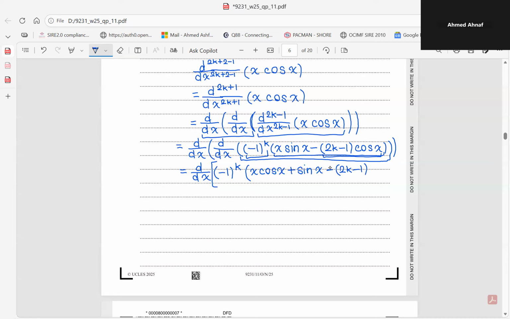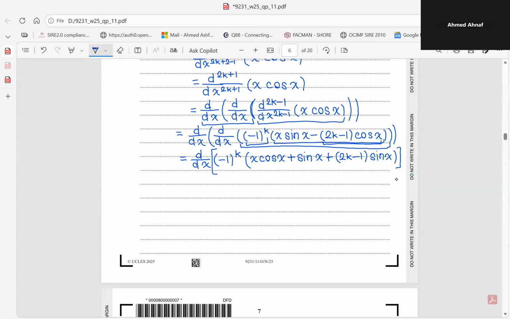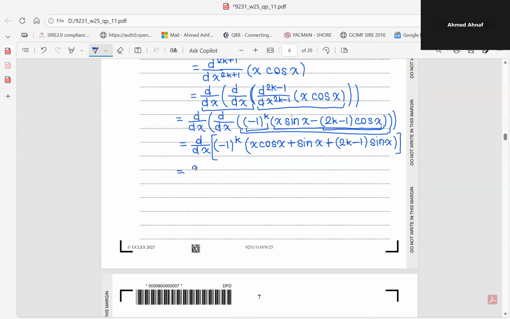So minus minus becomes plus. Let me simplify everything inside the bracket. This is x cos x plus sine x plus (2k minus 1) sine x, so that's just 2k sine x.